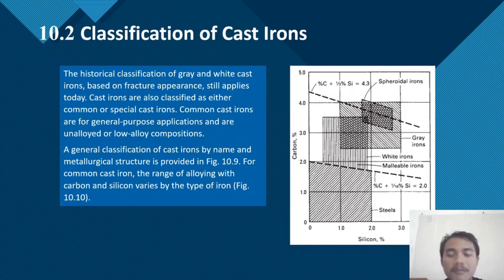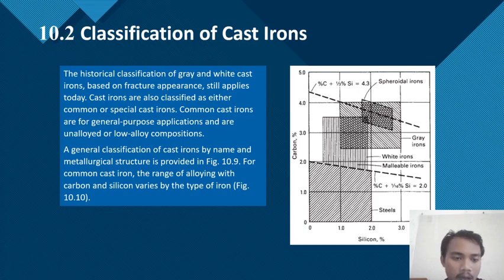Next, we go to the classification of cast iron. The historical classification of gray and white cast iron based on fracture appearance still applies today. Cast irons are also classified as either common or special cast iron.